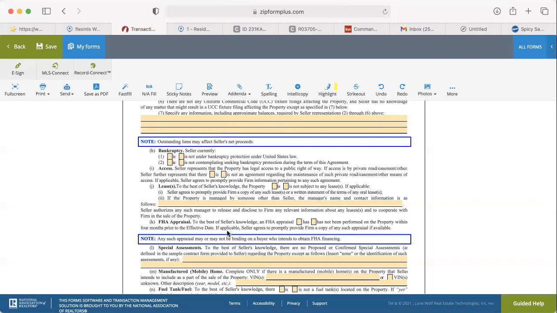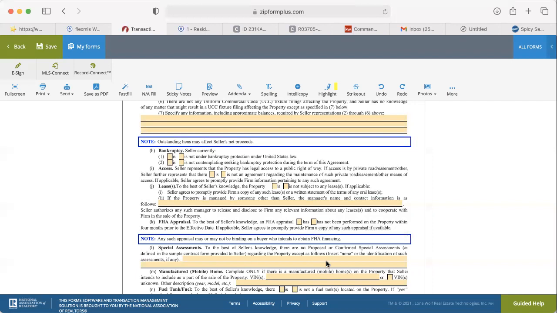The next section talks about FHA appraisal. Has there been an FHA appraisal done in the last 4 months? And if there has, you would check one of those boxes.